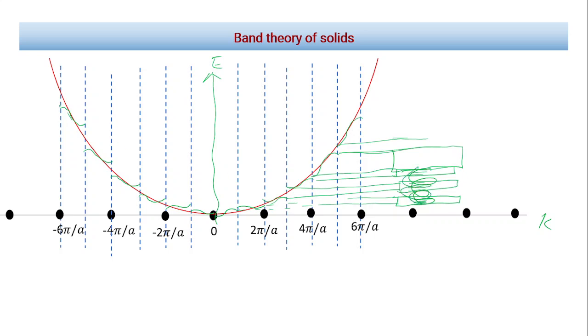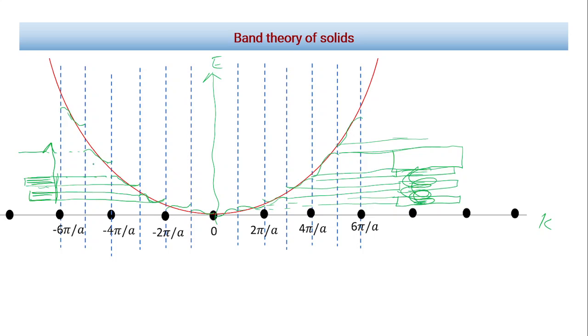Let's draw this side. From here to here, values are allowed, and then there is some gap when it comes here. This is allowed, here also it's allowed, and then this much is the gap. These are all allowed energy levels.